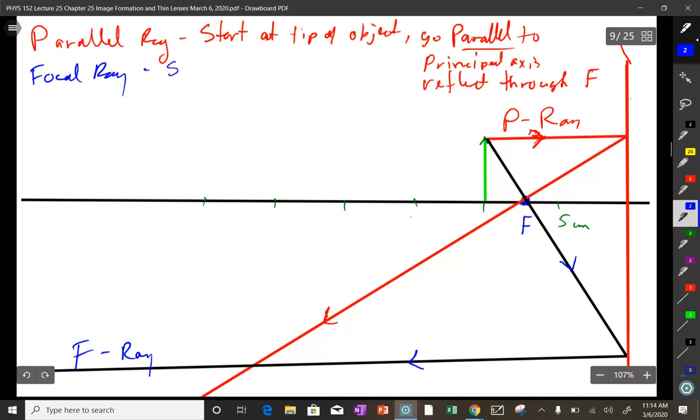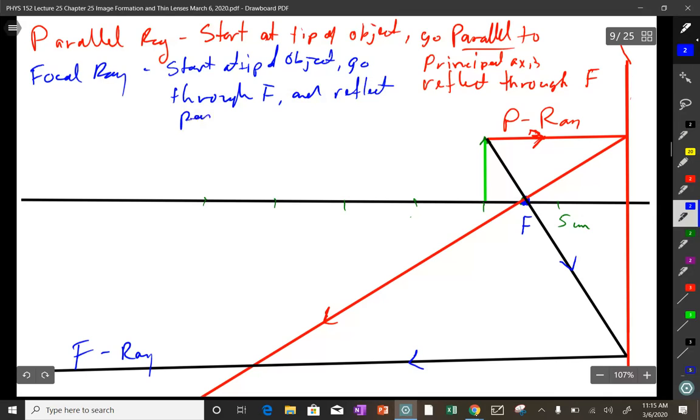Start at tip of the object, go through F and reflect parallel. Parallel to what? The principal axis.